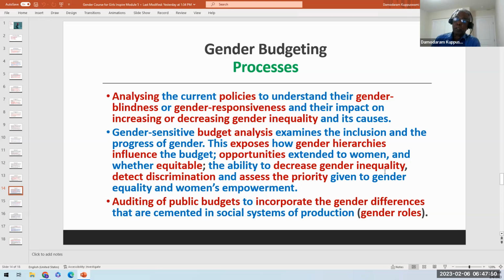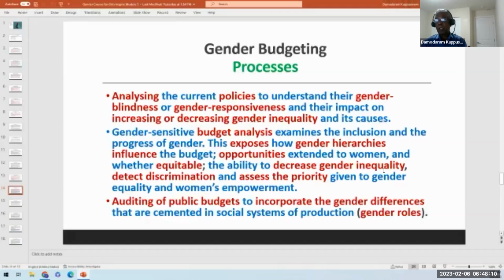Budgets also need to respond to existing policies, so we analyze gender budgets with reference to gender policies to see how gender responsive or gender sensitive they are, and how they are contributing to increasing or decreasing gender equality.